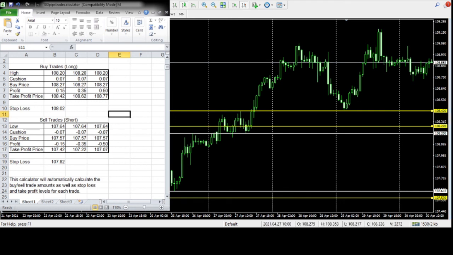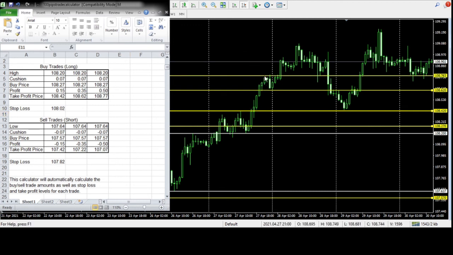Then TP2 is 108.62. You can see the same day the market hit it, and 108.77. So the same day it did 100 pips. Okay, did 100 pips. So that is it.